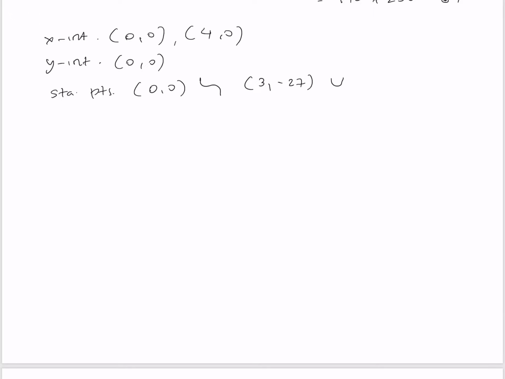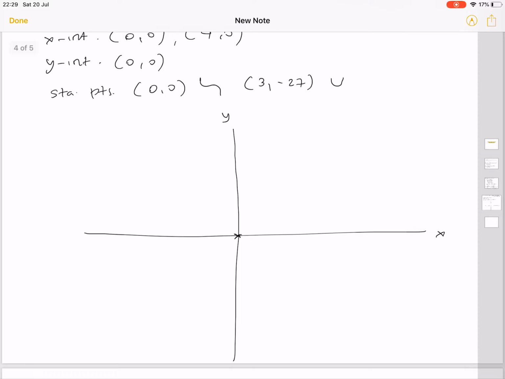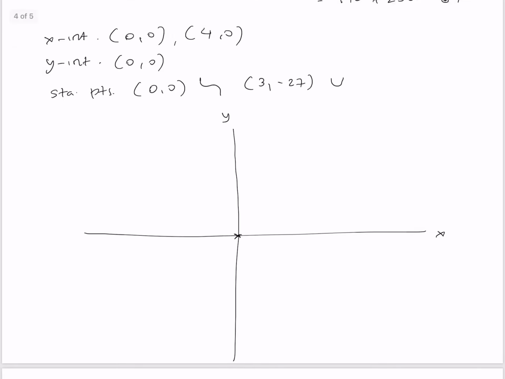Let's try to sketch it. The x-intercept is (0, 0). So this is our x axis, this one is our y axis. Another x-intercept is (4, 0) somewhere here. The y-intercept is (0, 0) as well.